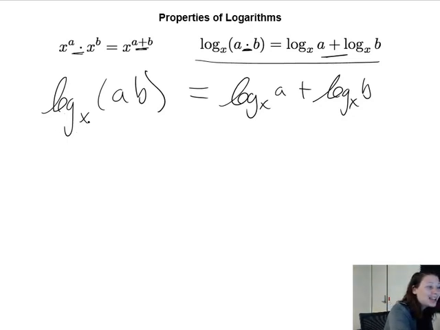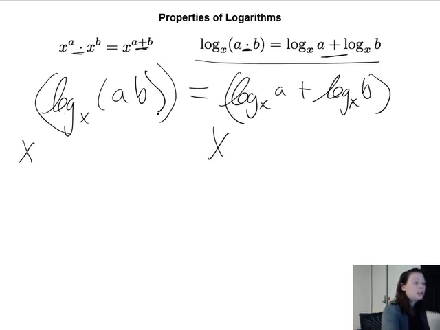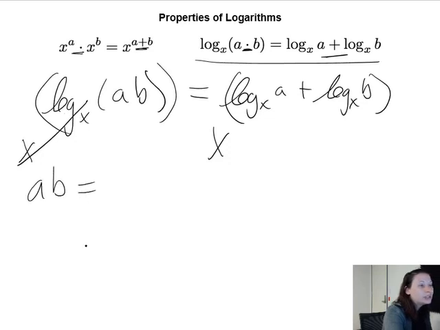So the base is x, so x to the one side equals x to the other, all of this and all of this. Now, this is a single log with a single exponential. These can straight up cancel, okay? So now that means we have AB equals something.